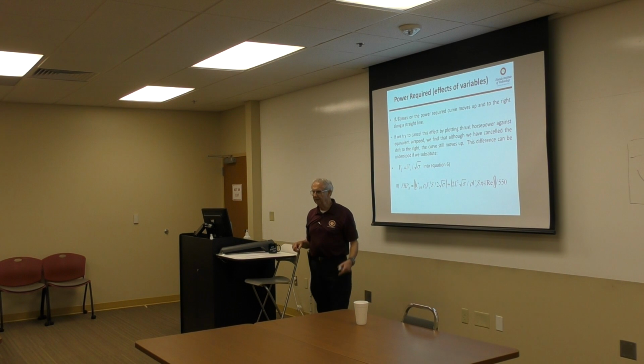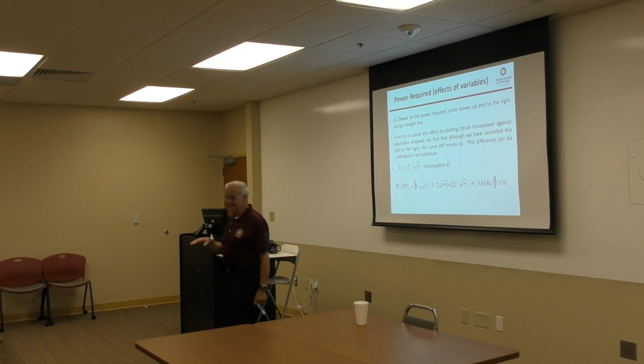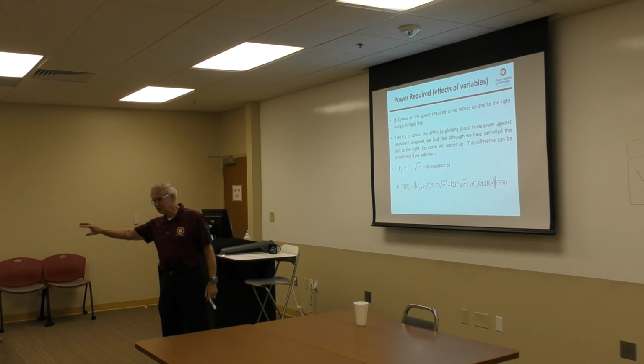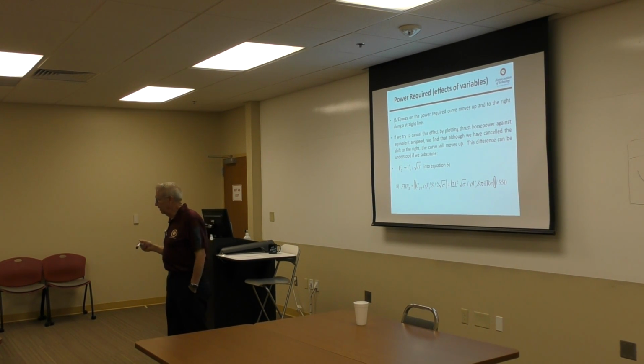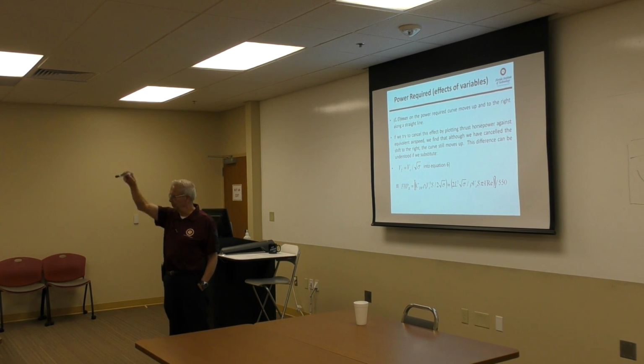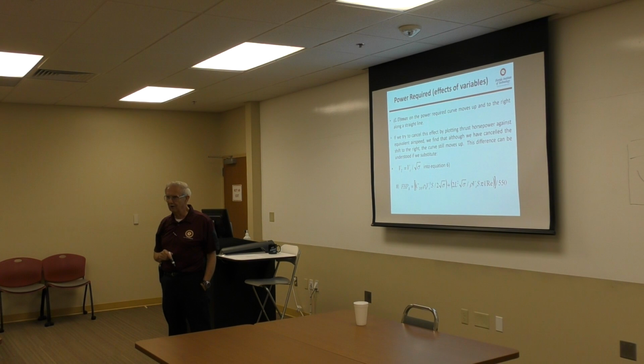So a jet airplane, due to the fact that, if you remember, that curve slid to the right as air density got lower, a jet airplane prefers high altitude. So that's why if you get on an airliner, they go up to at least 36,000 feet if they can, or a little higher.